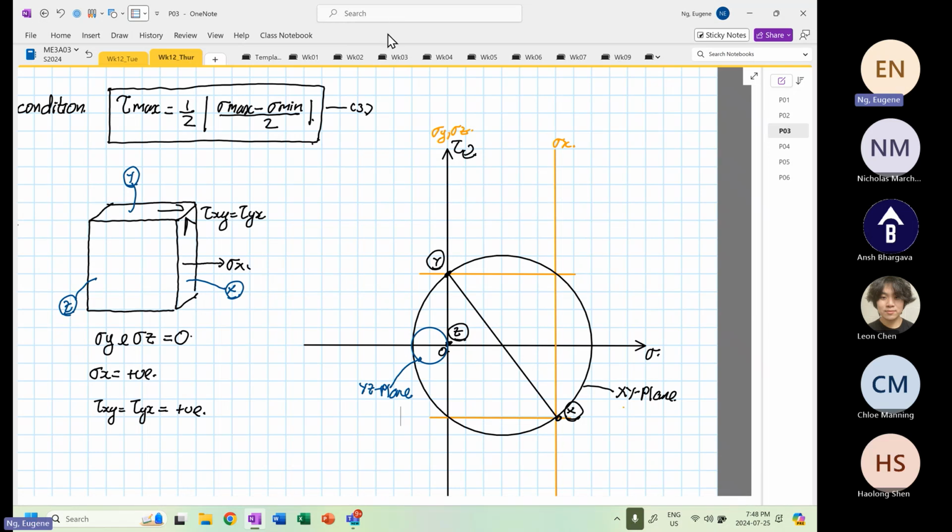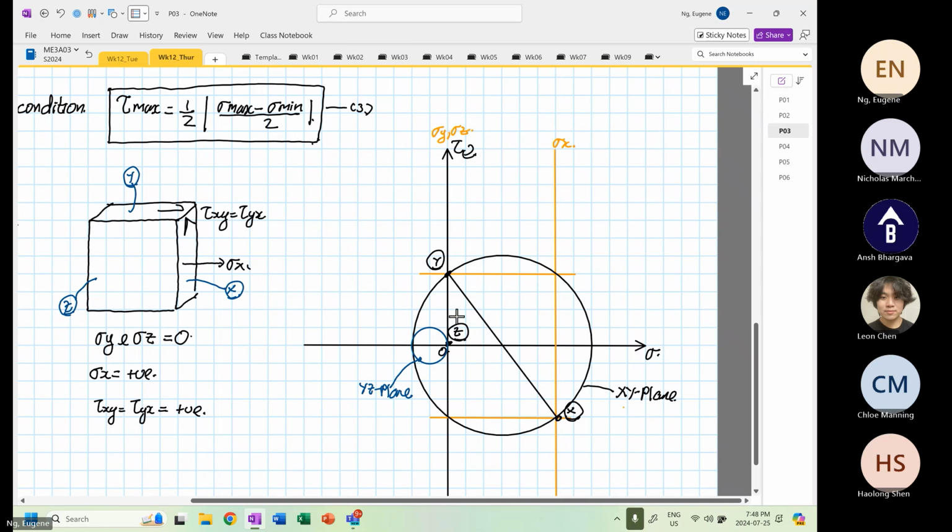And then the last circle, okay. So this now belongs to the XZ plane, right?